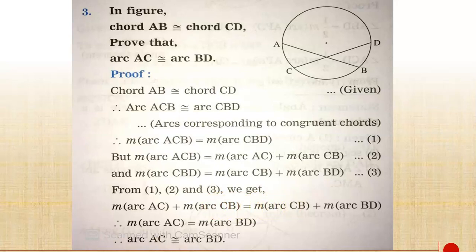And after eliminating, what am I left with? Measure arc AC is equal to measure arc BD. And I can say that arc AC is congruent to arc BD. If their measures are equal and they belong to same circle, the arcs are congruent.